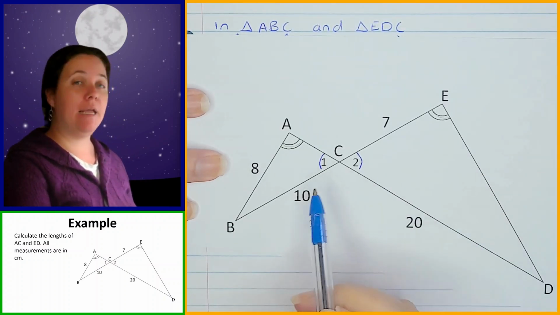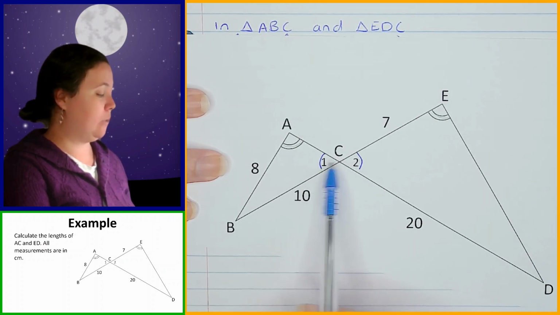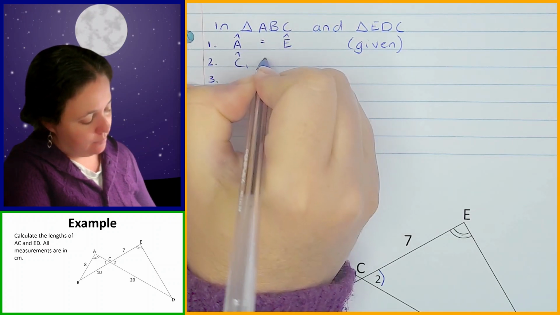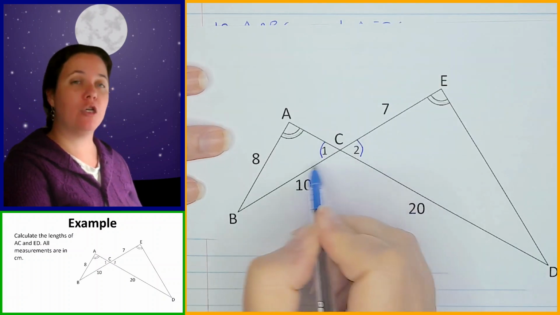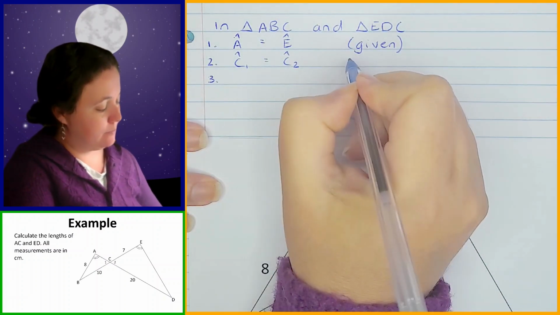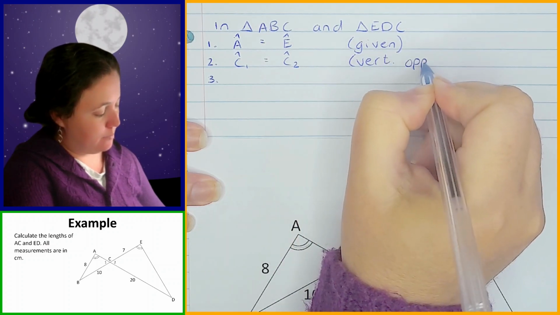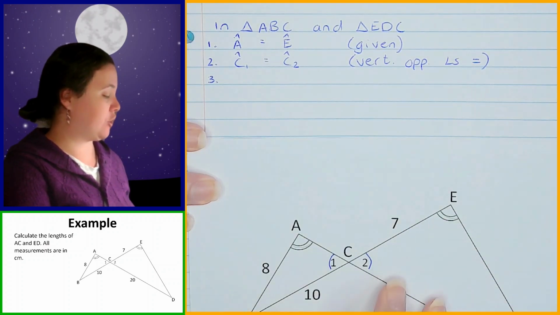Okay, then my next pair of angles are these angles over here, angle C1 and angle C2. And I know that they're equal because they are vertically opposite. And vertically opposite angles are equal to each other.